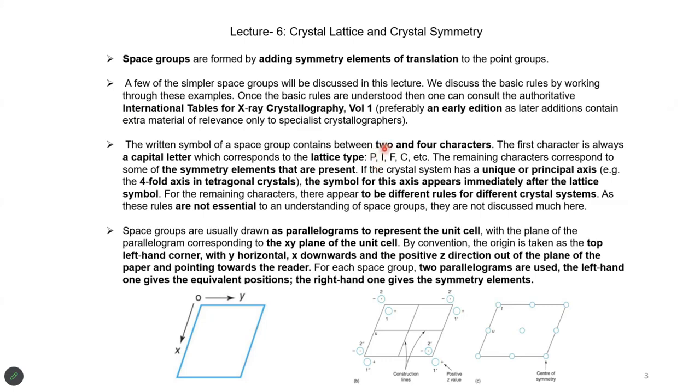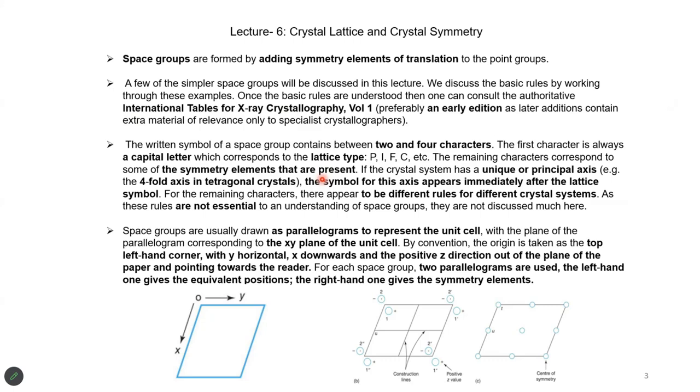We said the space groups have between 2 to 4 characters. And the remaining characters, what happens? We represent the symmetry elements that are present in the space group. We also discussed point symmetry elements and space symmetry elements. So the remaining characters are the symmetry elements that are present.